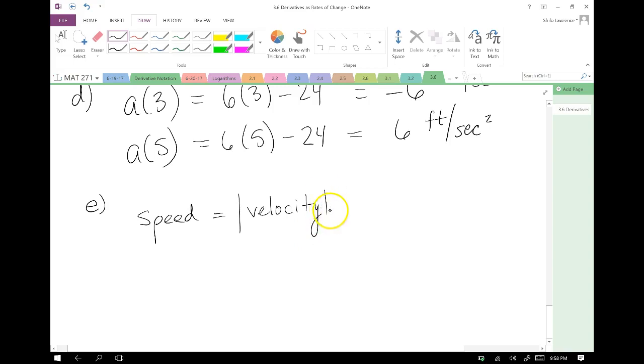And we just want to know when it is increasing. So we just need to think back to what we learned in algebra class about when a graph is increasing or decreasing. So a graph is increasing when we look at it from left to right and it's going up. So we're just going to graph our speed function and look to see when it's going up.